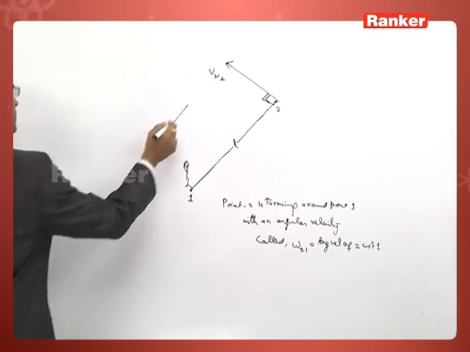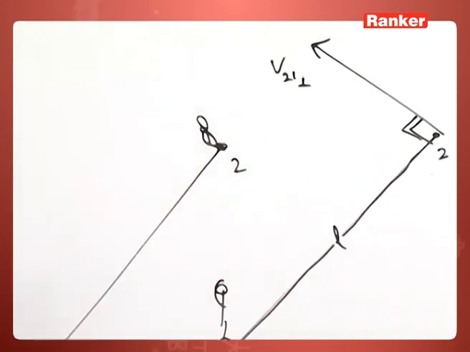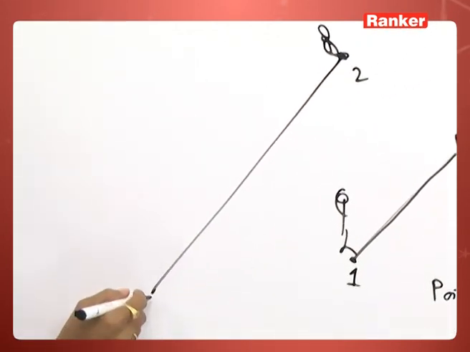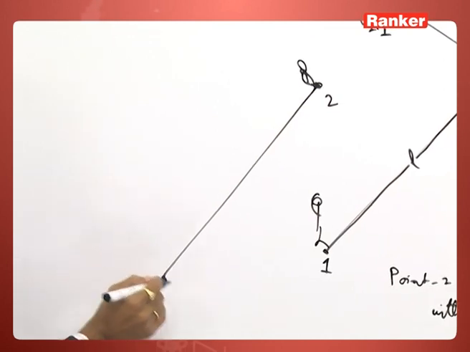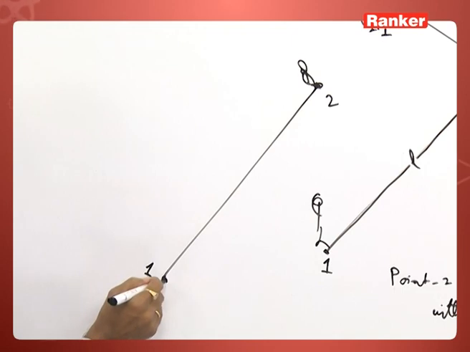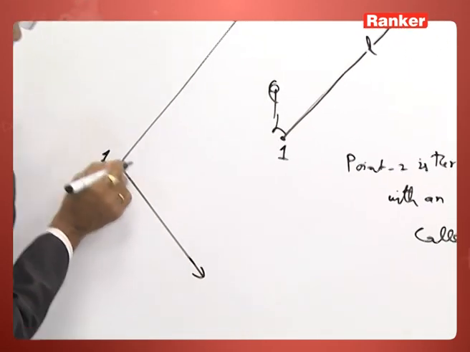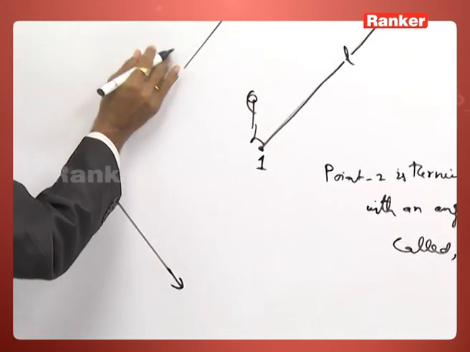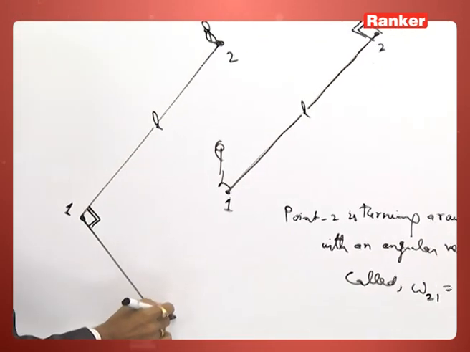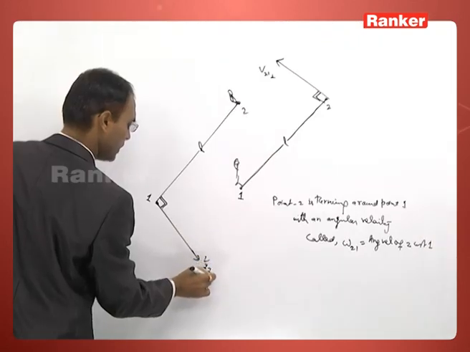And if you stand on 2, there must be a component of the relative velocity of 1 with respect to 2, normal to or perpendicular to the line of separation, that is v12 perpendicular.